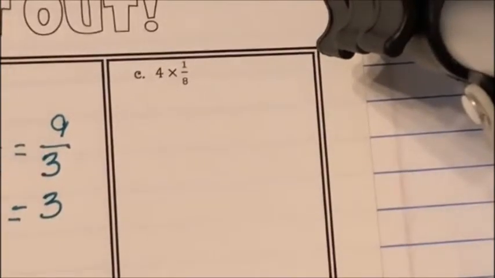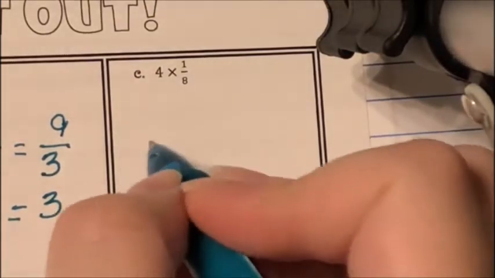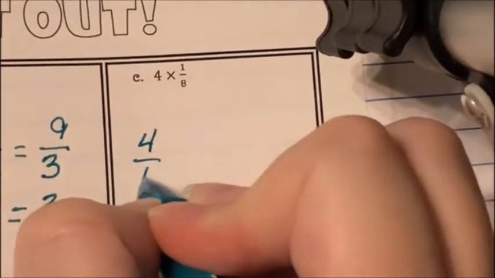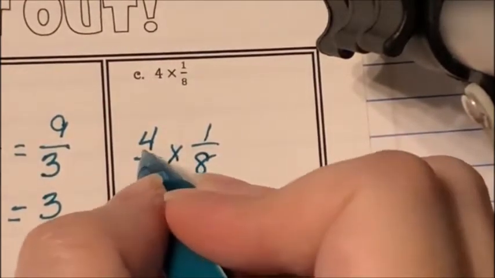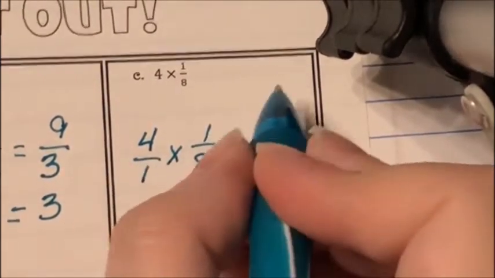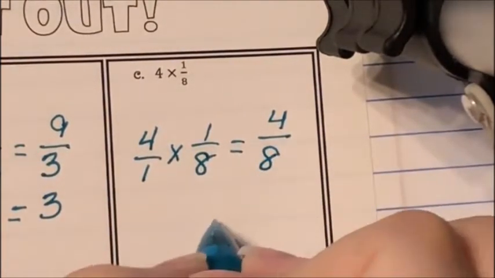Letter C says 4 times 1/8. I'm going to rewrite 4 as a fraction, so I have 4 over 1 times 1 over 8. 4 times 1 is 4, 1 times 8 is 8.